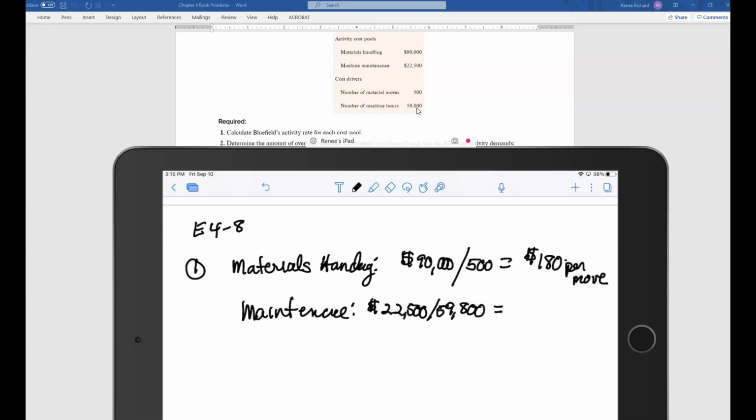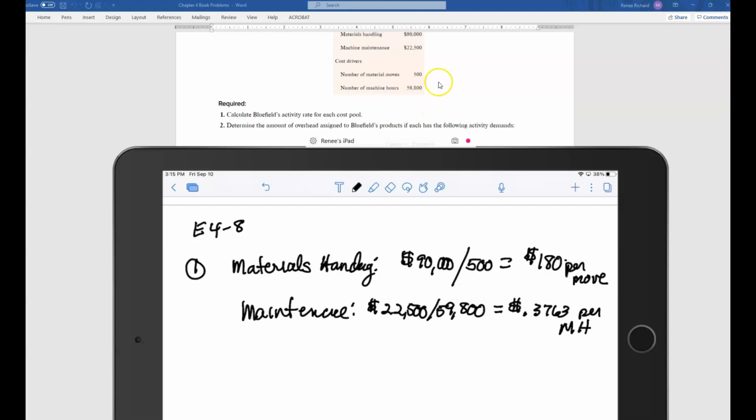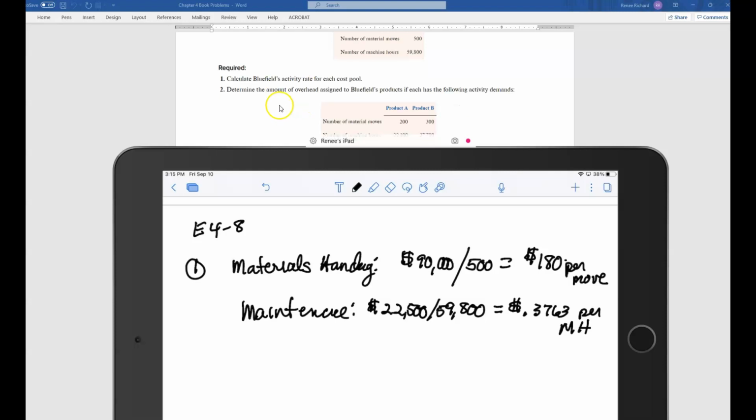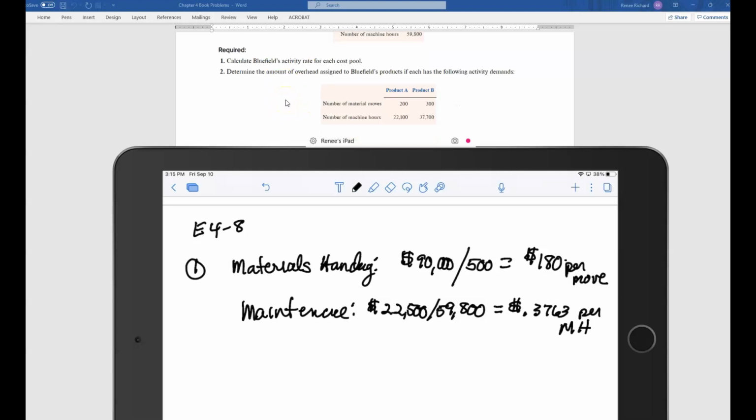And that gives us 0.3763 per machine hour. All right. So we computed the activity rate for each cost pool. And then we have to determine the amount of overhead assigned to product A and product B if they use this number. Okay. So product A.